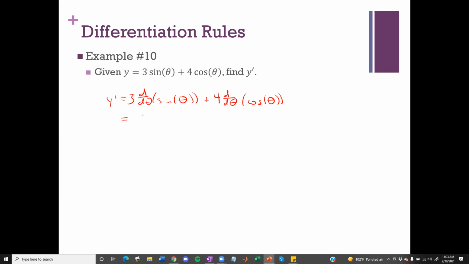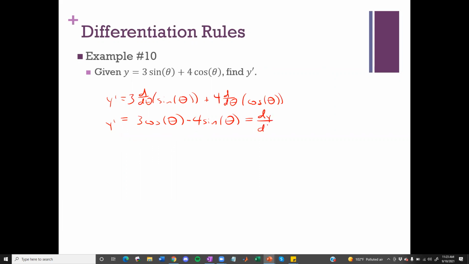So what's this first term become when all is said and done? 3 cosine theta. And how about this other one? It's negative 4 sine theta. And so I want to highlight something here.